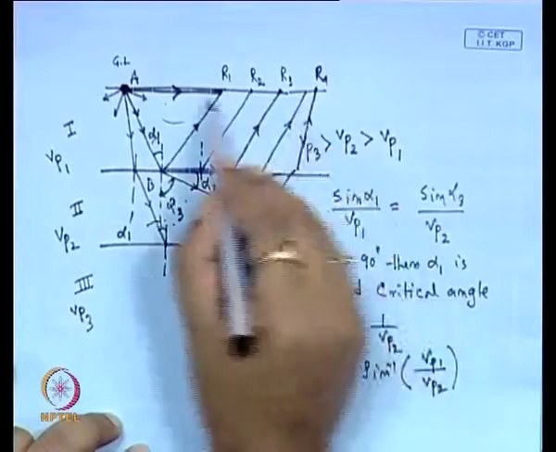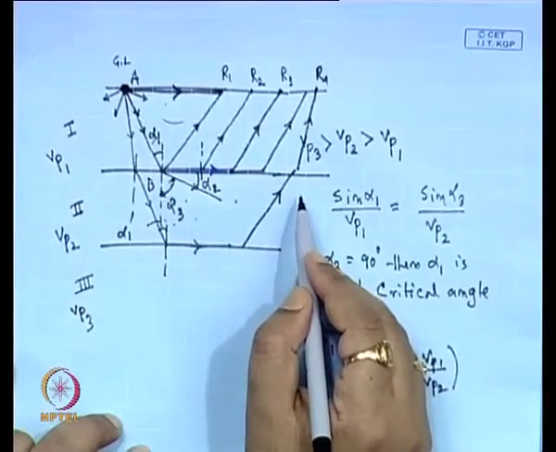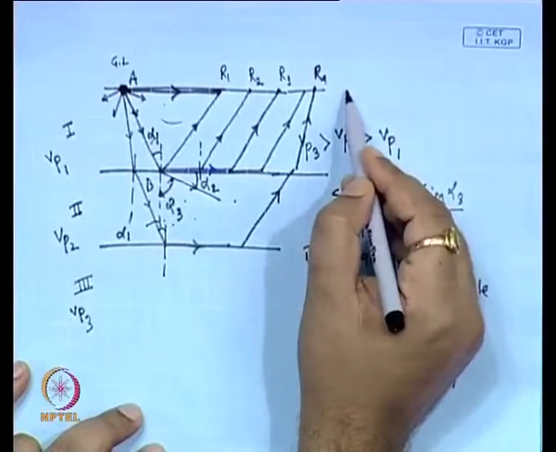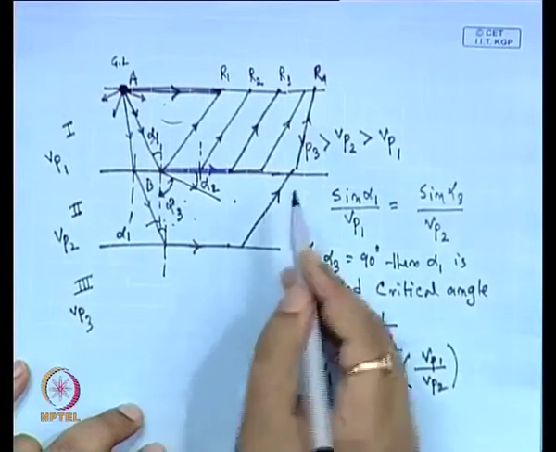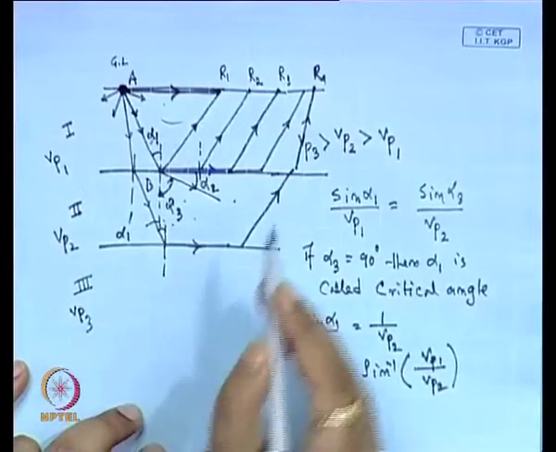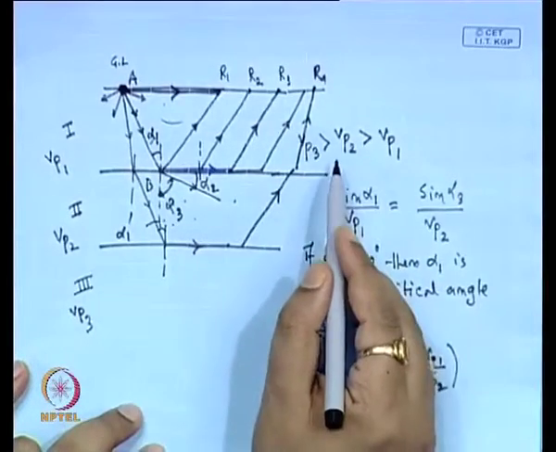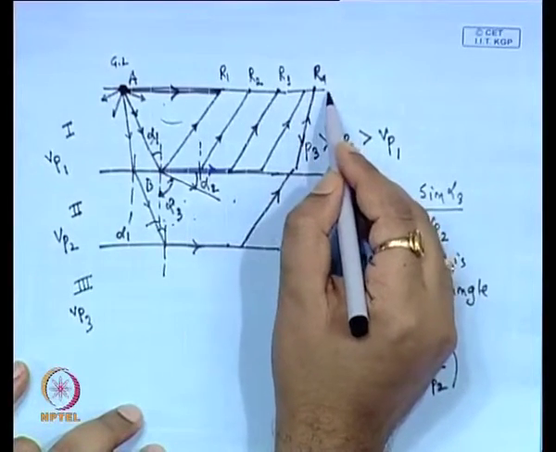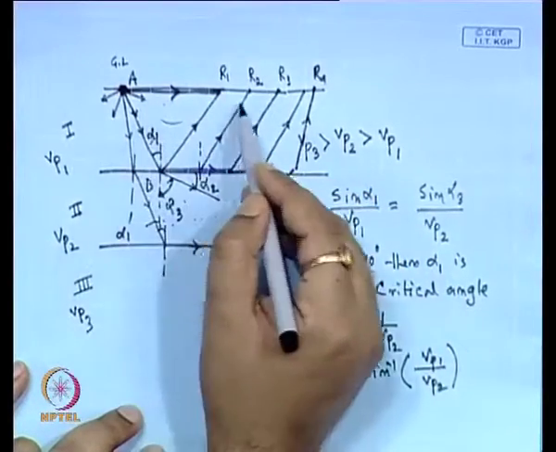But after a certain distance, the refracted ray will arrive at the receiver faster than the direct ray. That distance is called the critical distance. So, after the critical distance, the refracted ray will be received by these geophones faster than the direct ray.